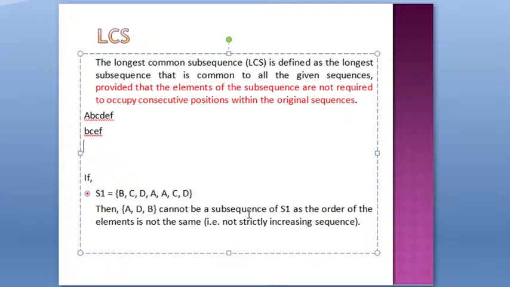Please notice this line. If my original sequence is B, C, D, A, C, D, and I take the subsequence as A, D, B, then it cannot be a subsequence of S1.